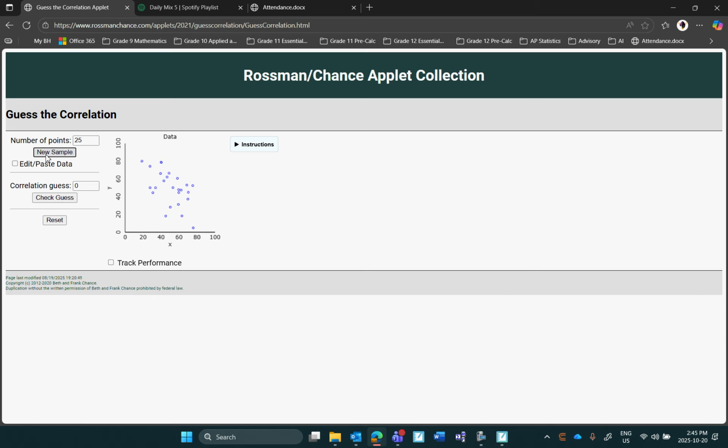So chances are it's between 0 and negative 0.5, right? That would be considered weak negative, where one goes up, the other goes down. Take a shot. Somebody give me a number. Negative 0.3. It's negative 0.546.